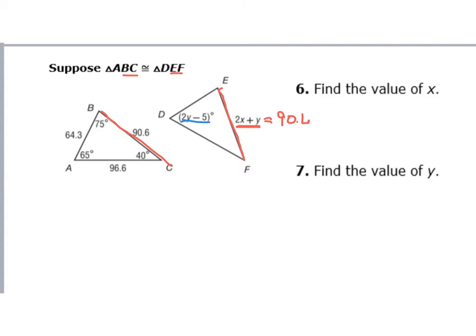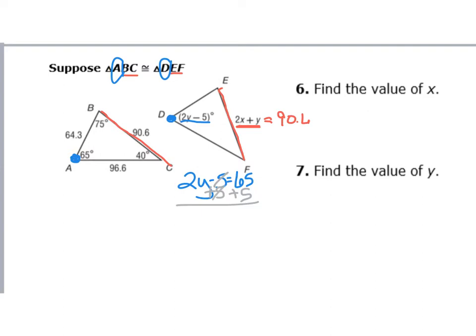So let's skip to number 7 and look at y. I see a y right here at angle D. So when I look at D, D matches with A. A is 65. So that means that 2y minus 5 equals 65. So the first thing I want to do is add 5 to both sides.